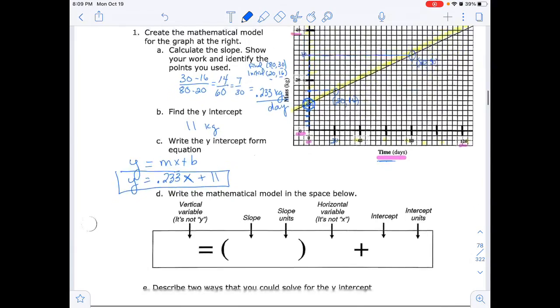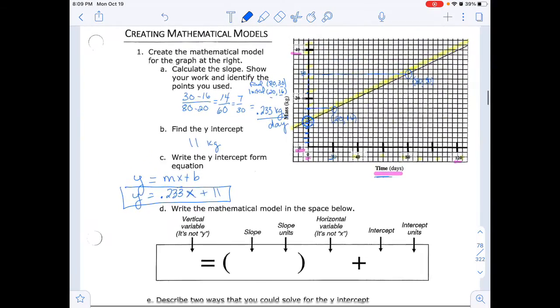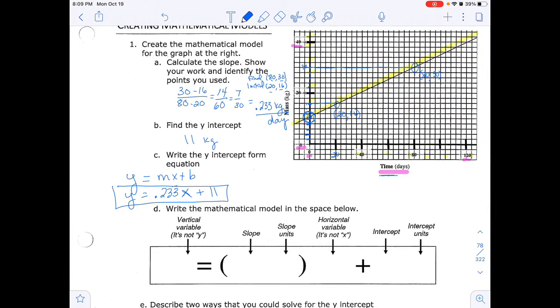To write it for science class, I am going to change the symbols x and y to what's given to me on the graph. So the thing on the y-axis is the mass. The slope I've already calculated to be 0.233 kilograms per every day that goes by. If I put 1 day, that would not be wrong.